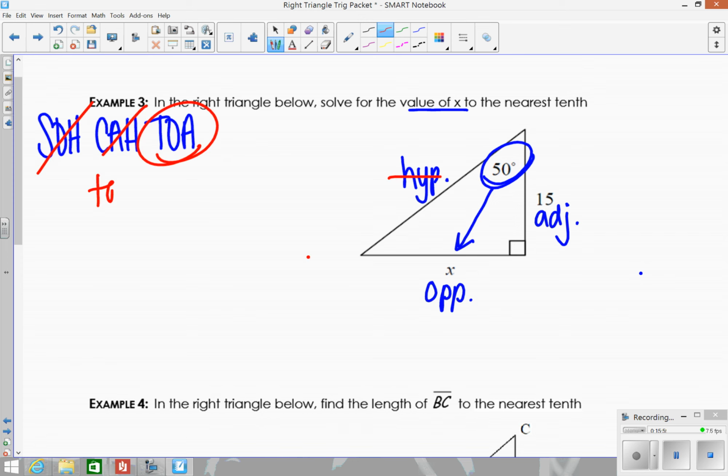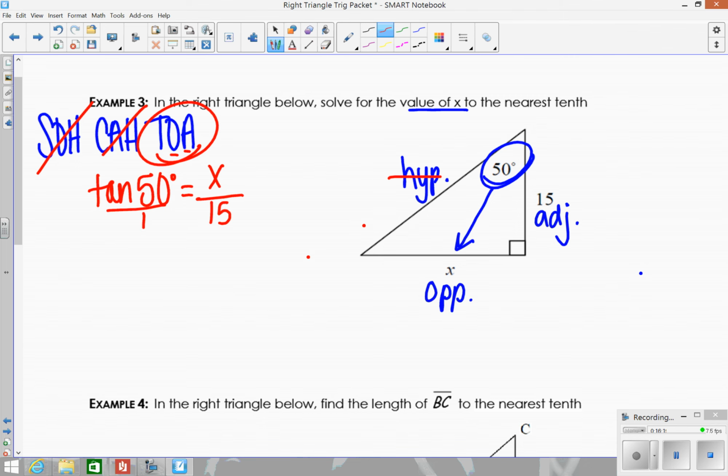So tan of the angle, which is going to be 50. Since there's no letters on here, I'm just going to jump right into plugging in the 50. Equals opposite, so the opposite is x over the adjacent, which is 15. Remember, opposite over adjacent. Look at that acronym to help you remember.